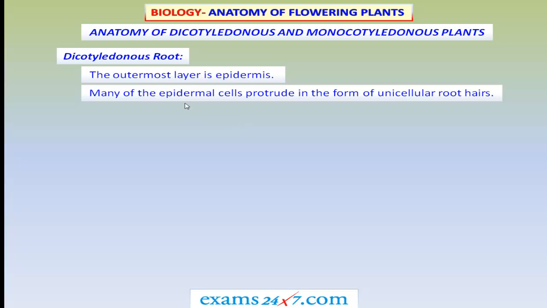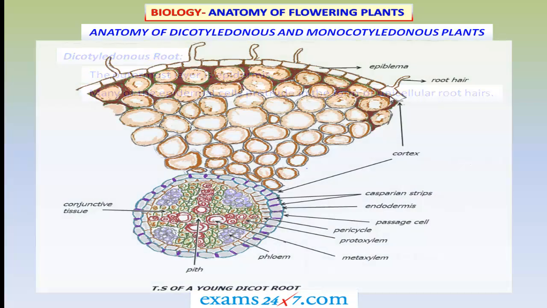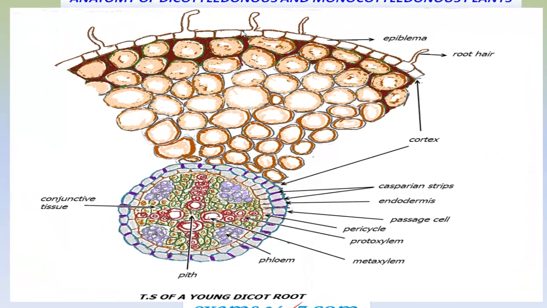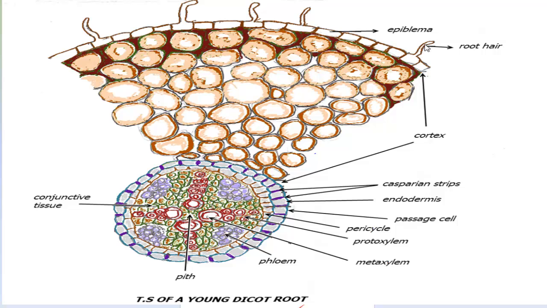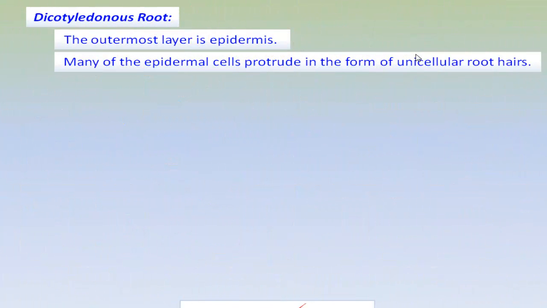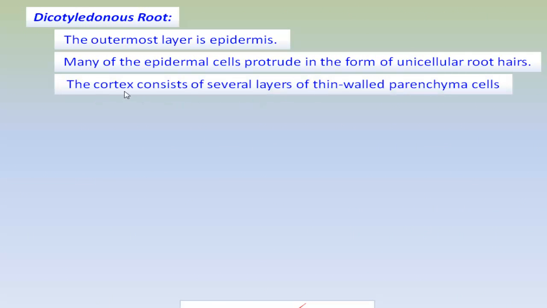In the dicot root, the epidermal cells, otherwise called epiblemma, protrude in the form of fine unicellular outgrowths called root hairs. Below the epidermis, we see a cortex comprising several layers of thin-walled parenchyma cells.